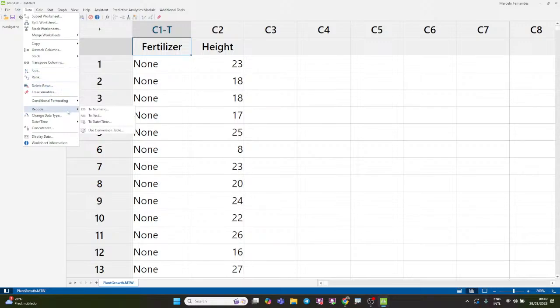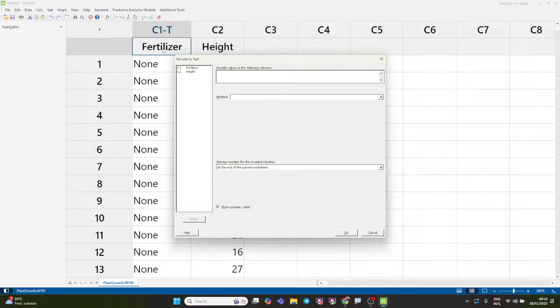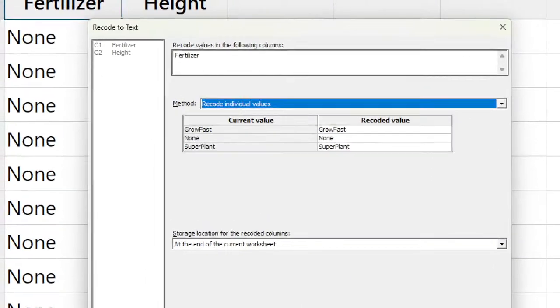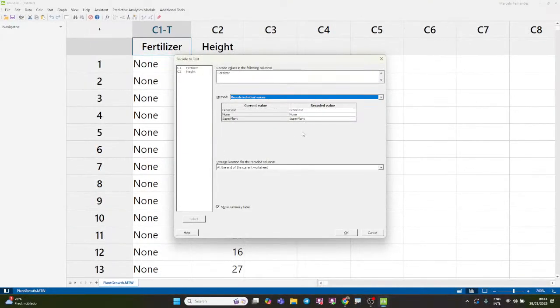When you go to recode, you can come here to text and place this column, fertilizer, and recode individual values. I like that because you can check how many classifications you have, and sometimes you have typos, and you definitely don't want to have Superplant and maybe Super and then a space and then Plant. It may create problems for you. So this is a very cool functionality.